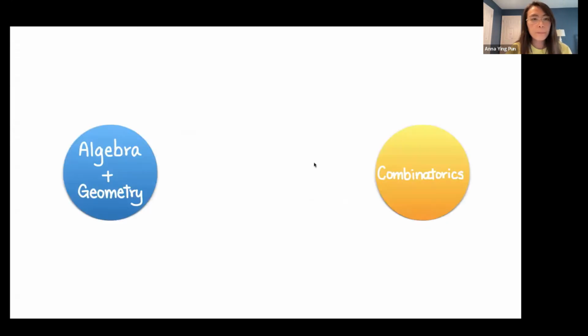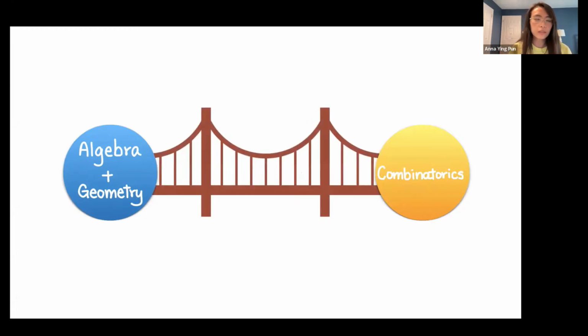All right, so in algebraic combinatorics, what we always look at is how to link combinatorics, algebra and geometry together, right? We want to borrow things from algebra and geometry to prove things in combinatorics, or the other way around, prove things on the other side by using combinatorics.